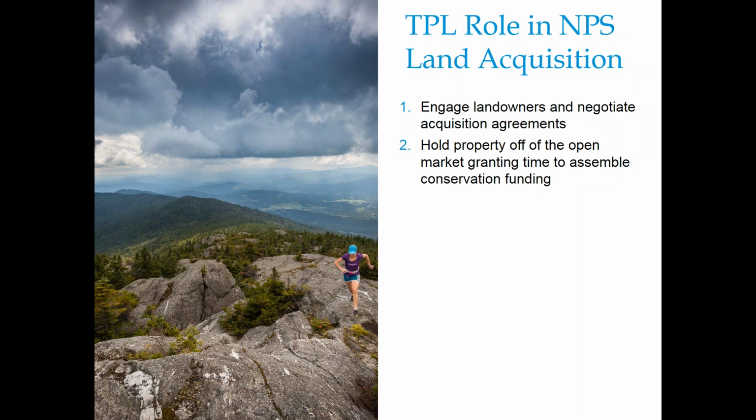The federal acquisition process is very long, typically over 2 years from start to finish, and landowners can get impatient. And so we can step in and secure properties and hold them off the open market either by pre-acquiring them in some circumstances or entering into a contract with the landowner to make sure that they know that the process is moving along. And sometimes it involves quite a bit of financial risk on our part.